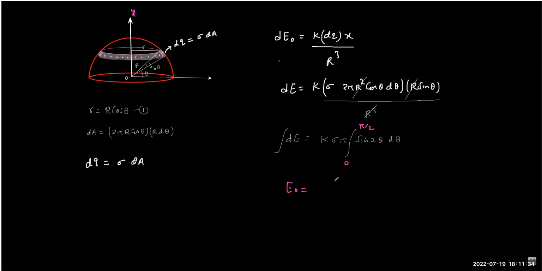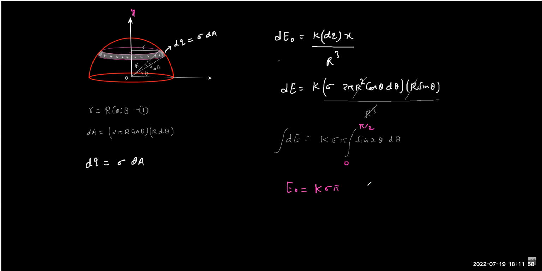It's pi. So pi by 2 is the first part, the positive part, and the integration we know is always 1. So integration will give you 1, or if you want, you can write minus cos 2 theta by 2 with the limits, and you will get the same answer.